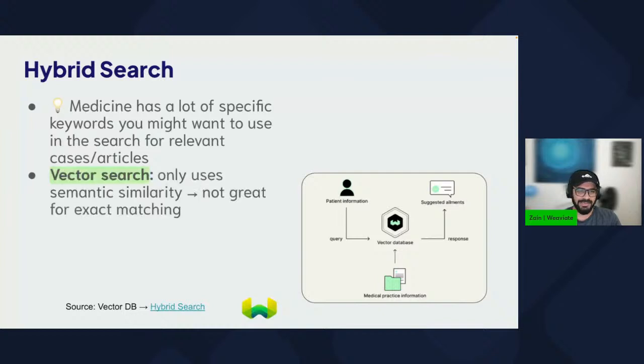So the idea behind hybrid search is you typically don't want to use vector search to match between medication names or different diagnoses. Two medications might be very similar but have a very particular use case where only the doctor knows about them.